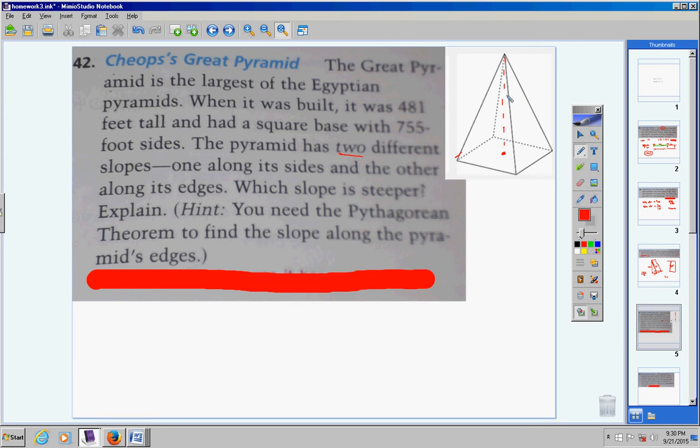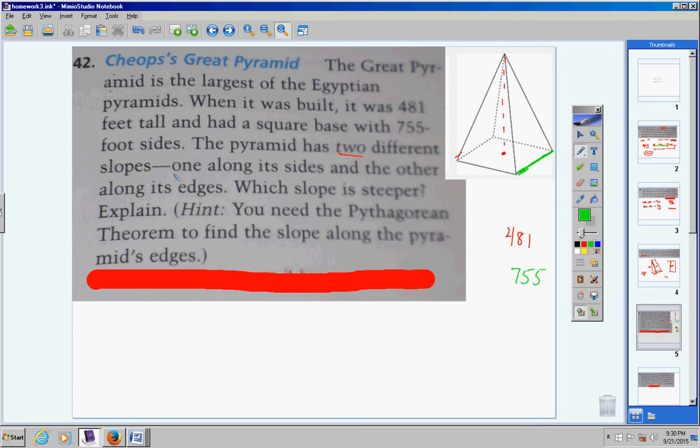That's a red line, so I'm going to put 481 in red. Now, I'm going to put this in green. This length right here, that green, is 755 feet, because it says it has a square base with 755 foot sides.